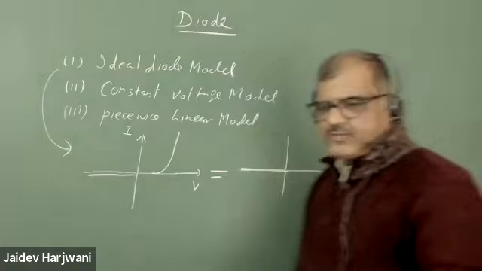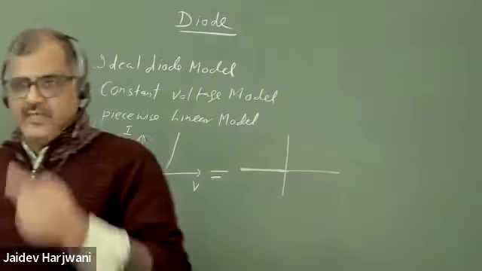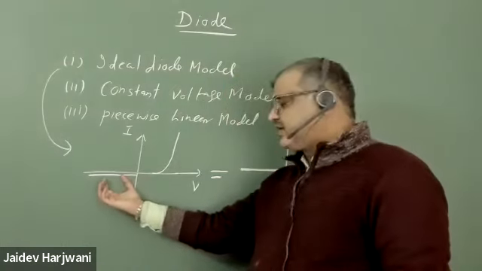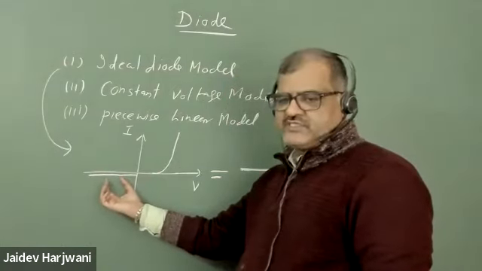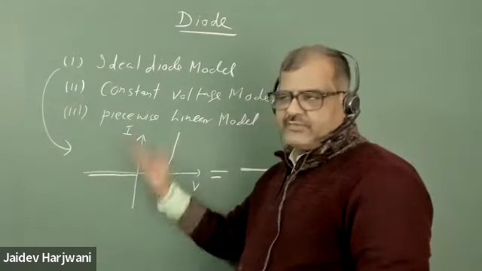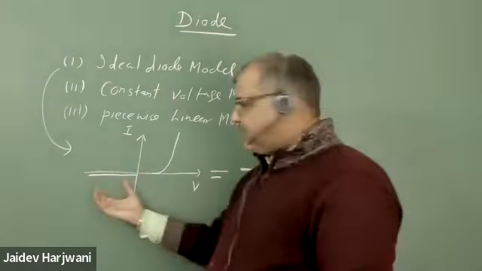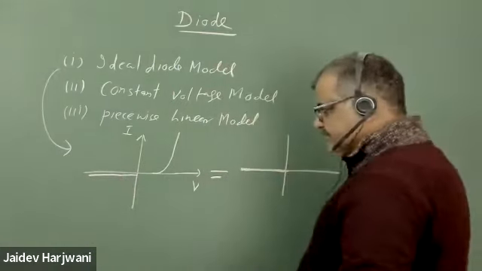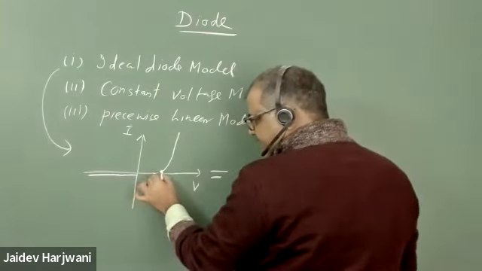That means the diode can act as an open circuit for reverse bias voltage, because the reverse saturation current is very low. So we can approximate the behavior of the diode as an open circuit in reverse bias.